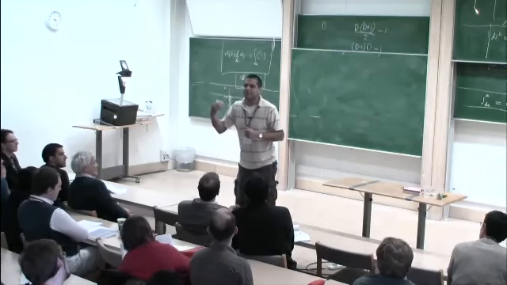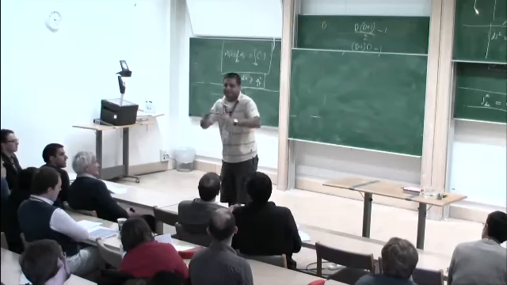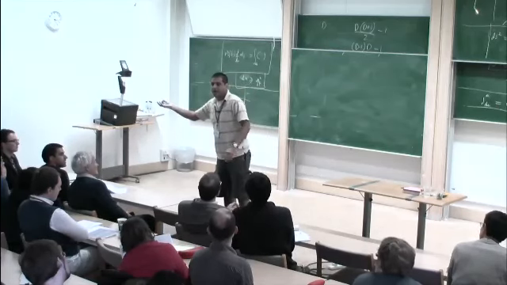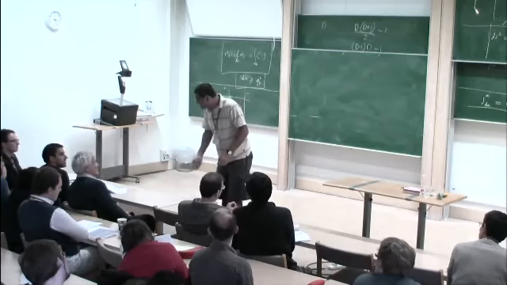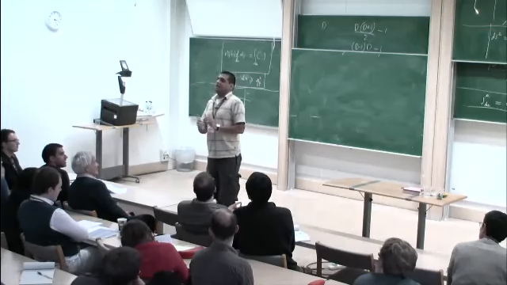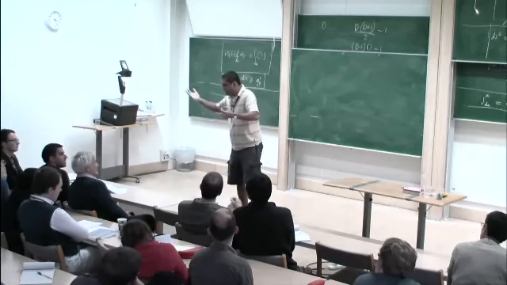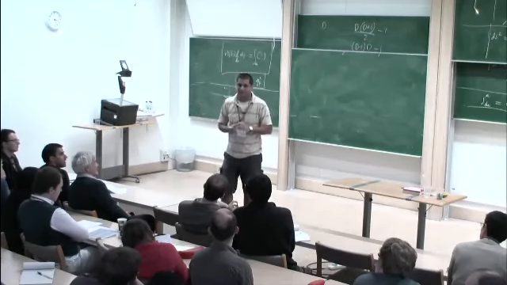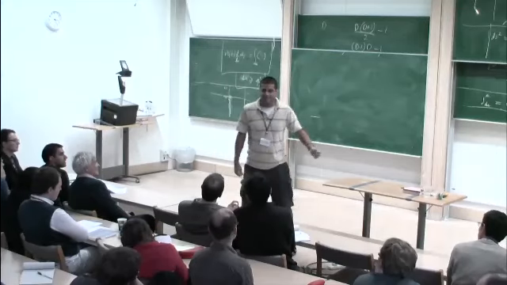There have been many attempts to prove that Wald entropy, under appropriate circumstances, obeys the second law of thermodynamics. These attempts have so far not been uniformly successful. Okay, now there are two possibilities here.